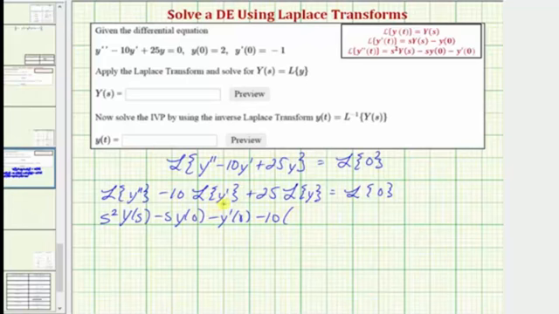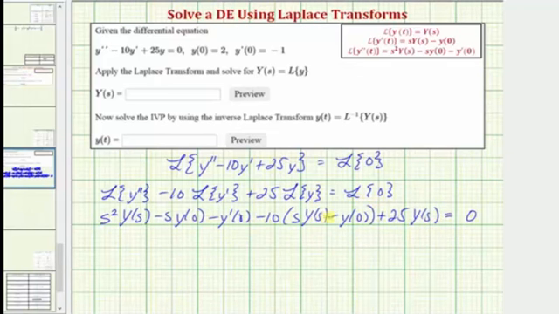The Laplace transform of y prime equals s times big Y of s minus y of 0. Then we have plus 25 times the Laplace transform of y, which will give us plus 25 times big Y of s equals the Laplace transform of 0, which is 0.